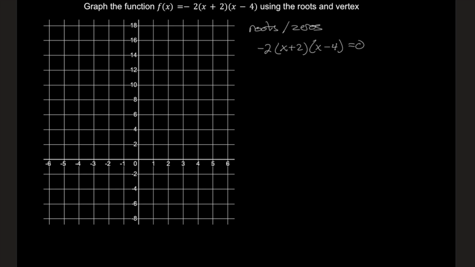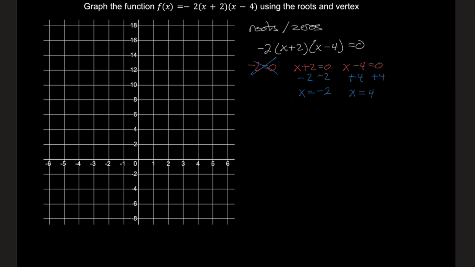Now, if this one wasn't factored, we would have to factor it before actually starting this. But since it's already factored, we're going to go ahead and just apply the zero product property. Negative 2 equals 0, x plus 2 equals 0, and x minus 4 equals 0. And just solve each of those. Negative 2 cannot equal 0, so we'll subtract 2, giving us x equals negative 2, and add 4, giving us x equals 4 for the last solution.